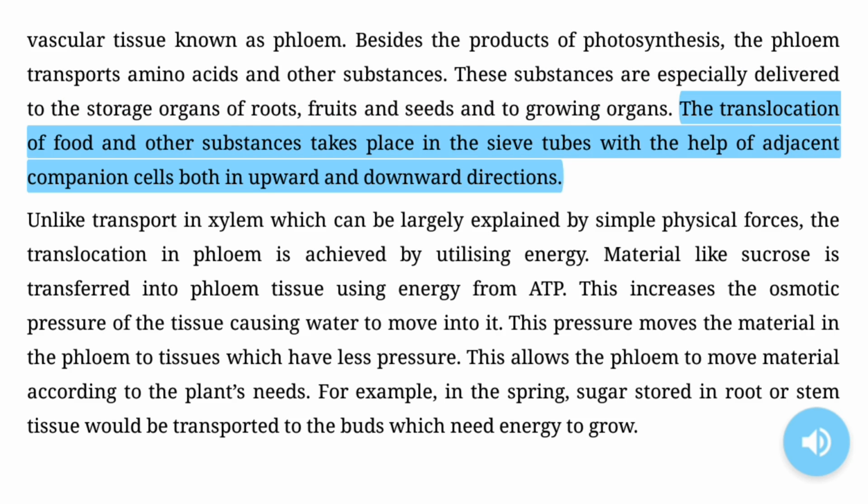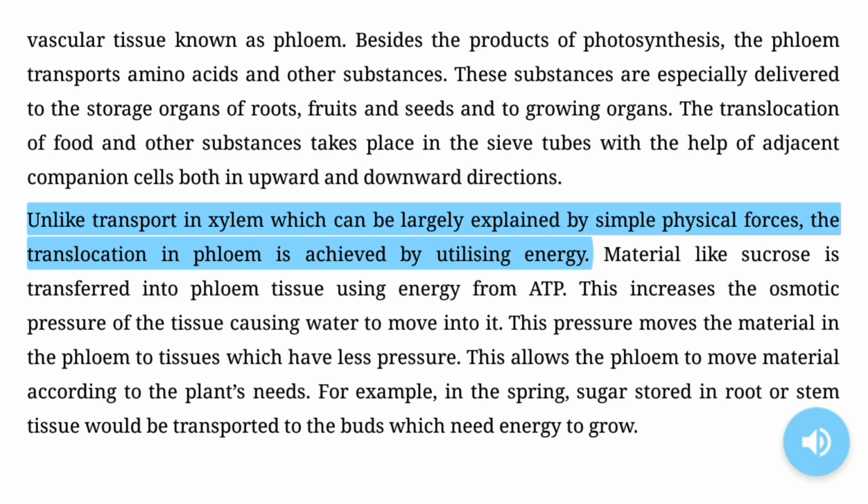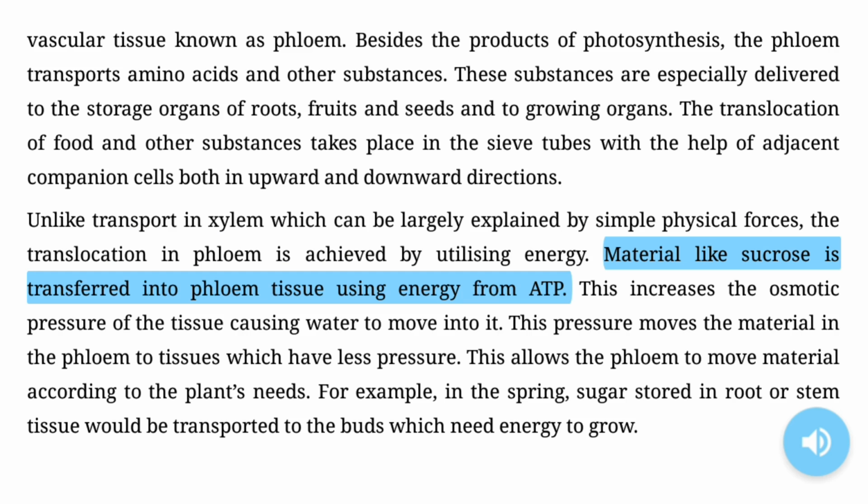The translocation of food and other substances takes place in the sieve tubes with the help of adjacent companion cells both in upward and downward directions. Unlike transport in xylem, which can be largely explained by simple physical forces, the translocation in phloem is achieved by utilizing energy. Material like sucrose is transferred into phloem tissue using energy from ATP.